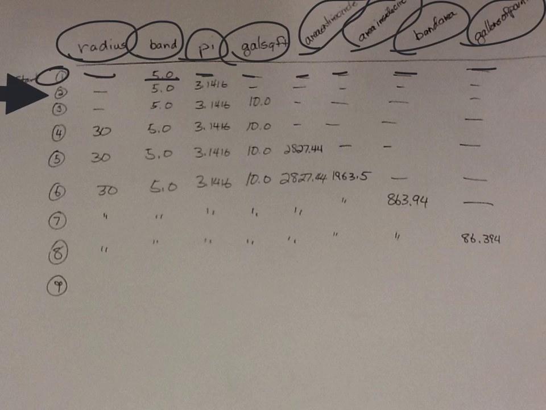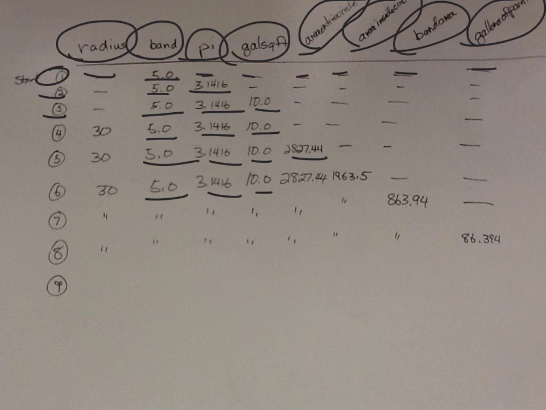We had this step, this step, this step, and then the values that filled those variable locations. And so forth. We kept going until we actually got to the answer.